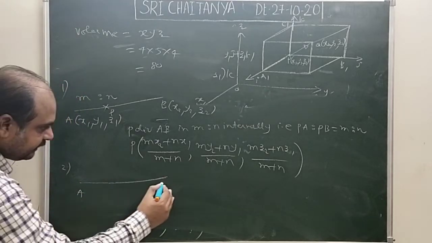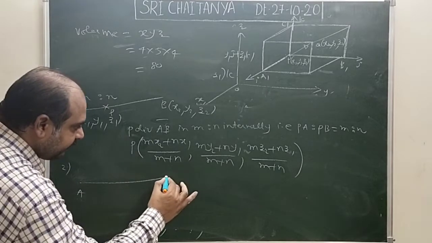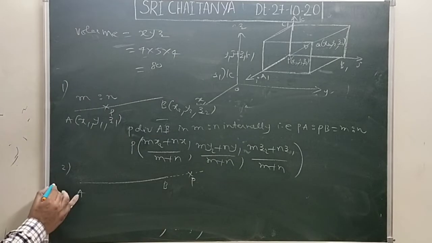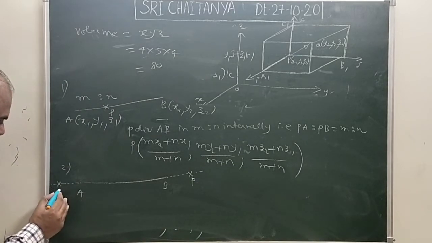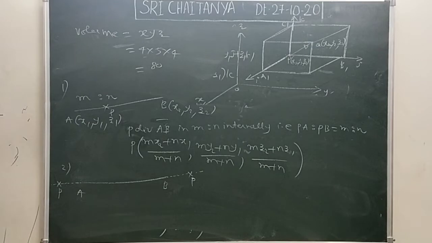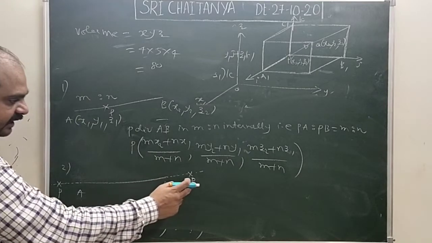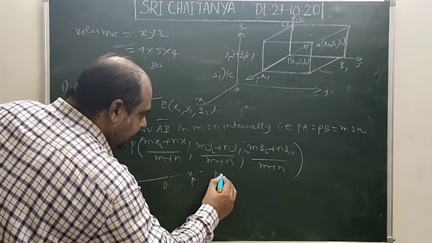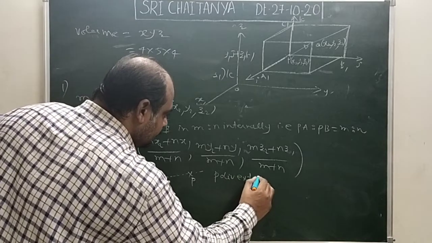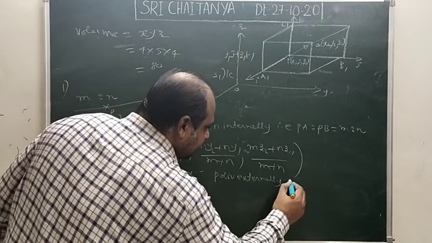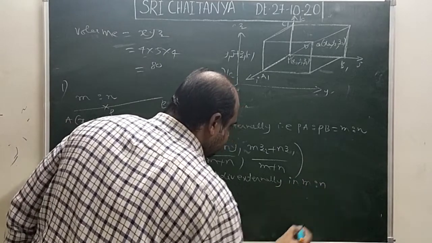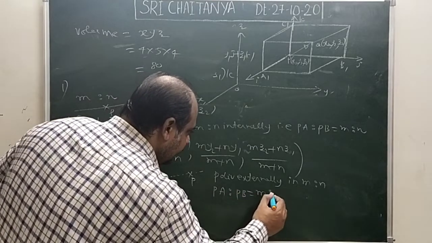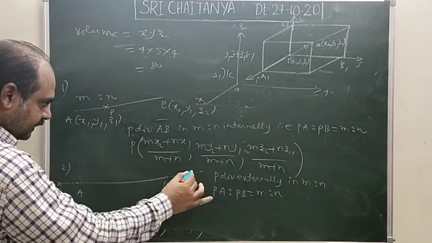Suppose external division. That means P divides externally. That means extend this. P can lie either here or here. Just as in two-dimensional coordinate geometry, what we have done, that only. So externally means it will be on this side or this side. So P divides externally in m:n. PA is to PB is nothing but m is to n.